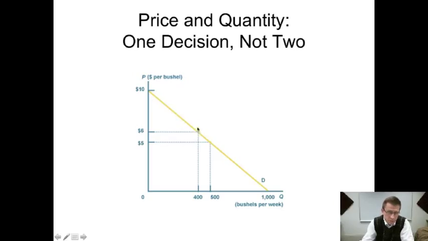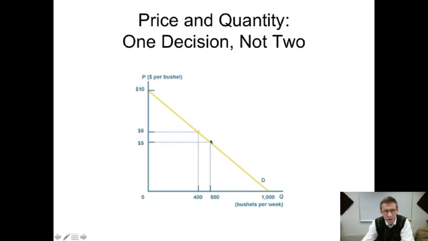So here, looking at bushels per week versus the price, at $6, the quantity that's paired with $6 is 400. If this firm wanted to increase the bushels per week to 500, they can, but they aren't going to be able to keep selling it for $6, right?